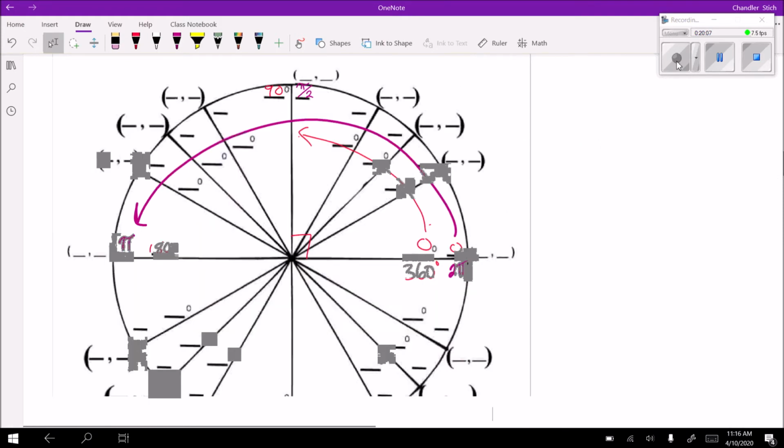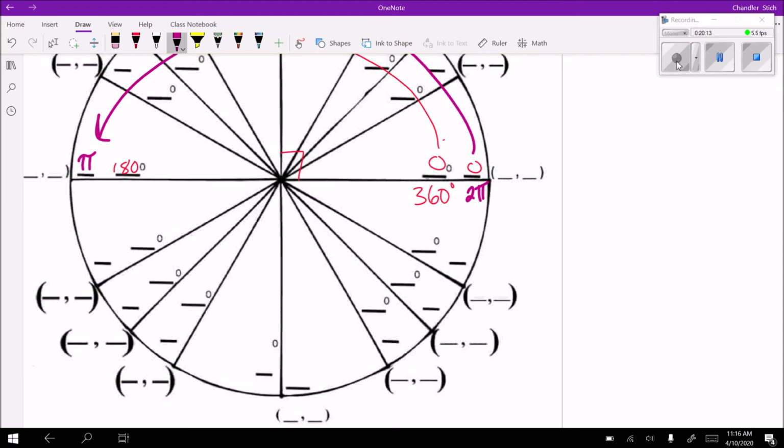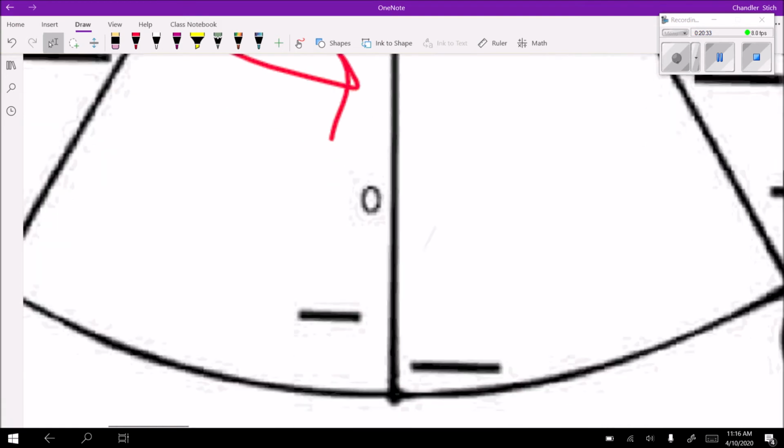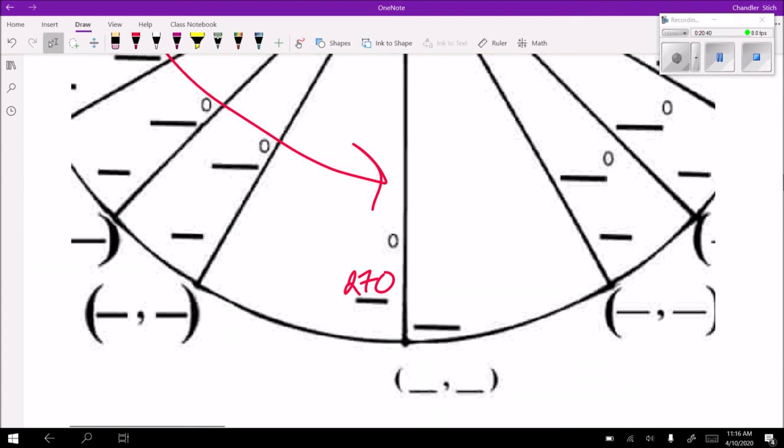We could keep going here. We said that from here, well, if this whole thing is 360, if this whole thing is 180, that's 180. What would this one be? 180 plus another 90 would be 270. So I can zoom in here and I can write in 270 degrees.